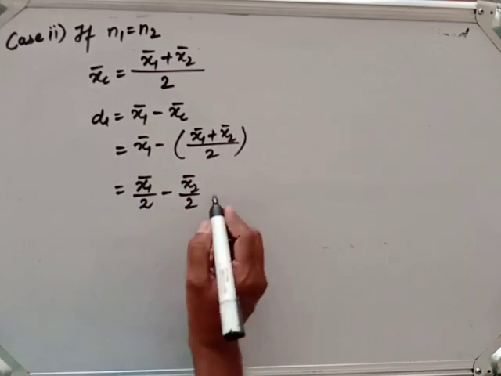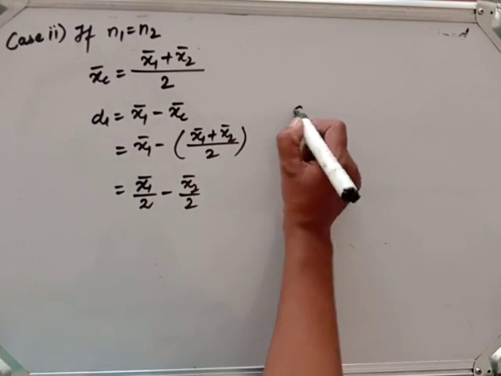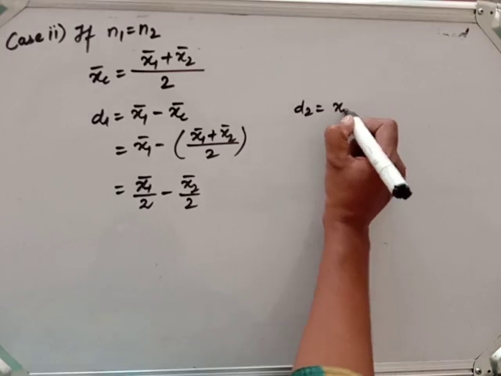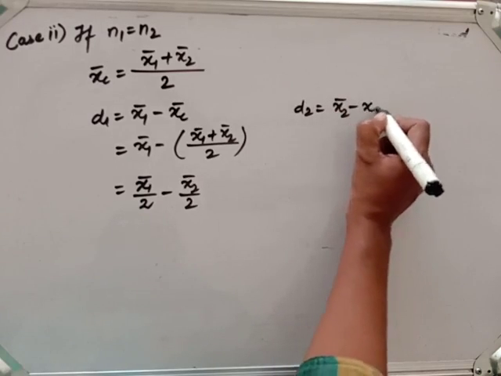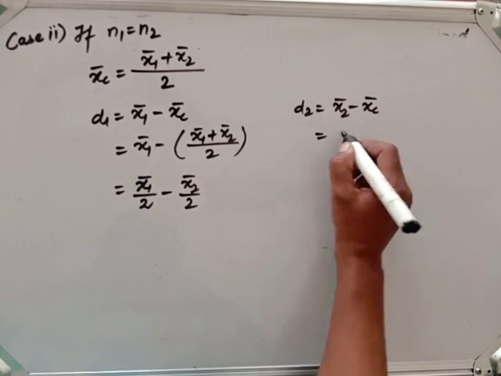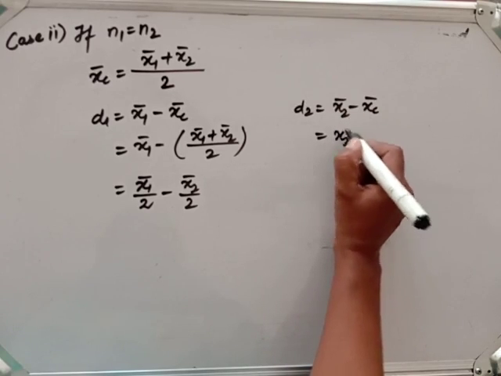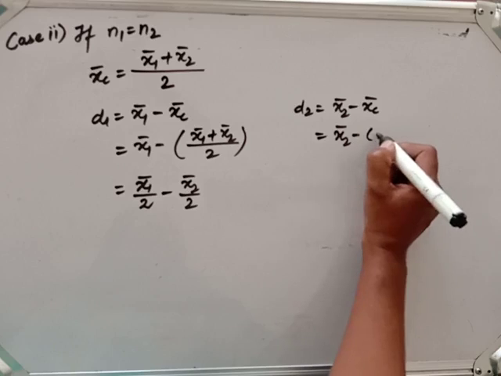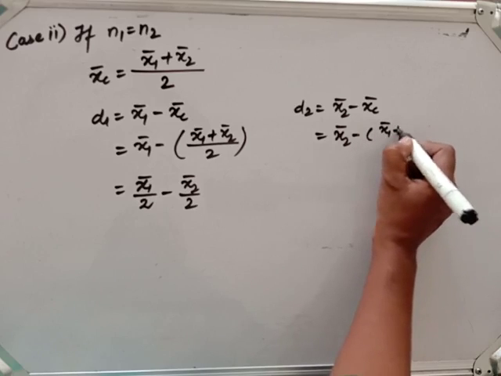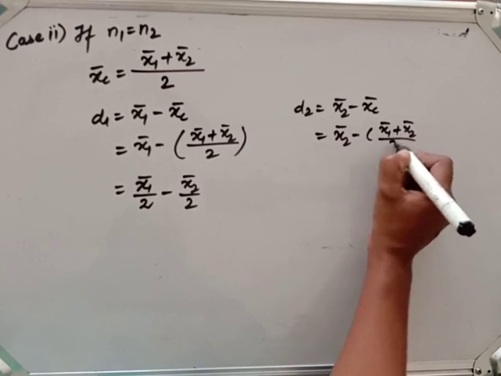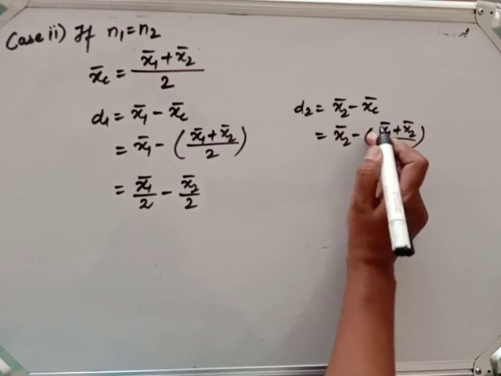Fine. Now again, what is d2? d2 is x2 bar minus xc bar. So what is here? It will be x2 bar minus, this is what? x1 bar plus x2 bar upon 2, half of that.